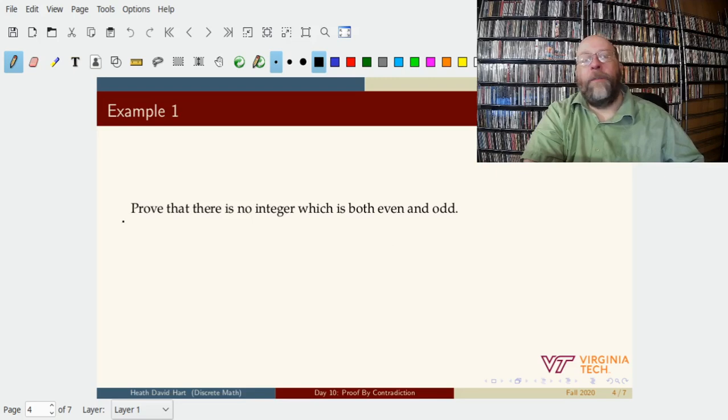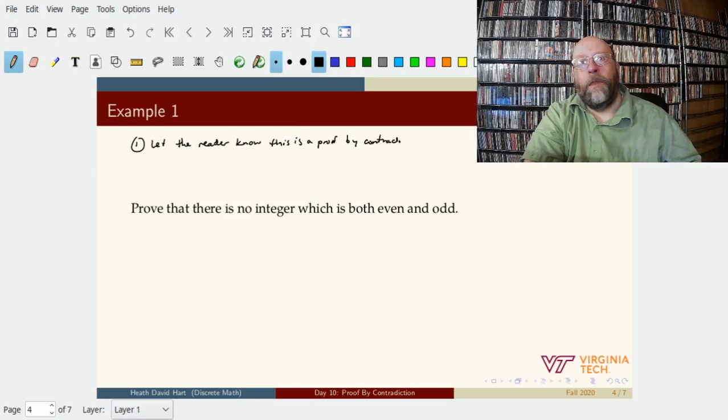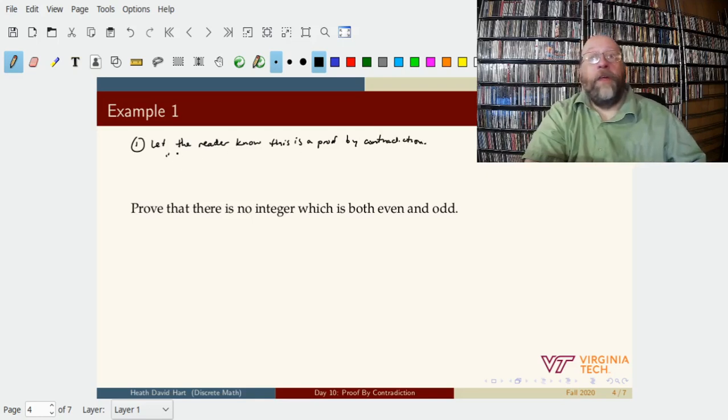There are a couple of ways we want to do this. But the first thing we want to do is let the reader know this is a proof by contradiction. You can literally just say, this is a proof by contradiction.